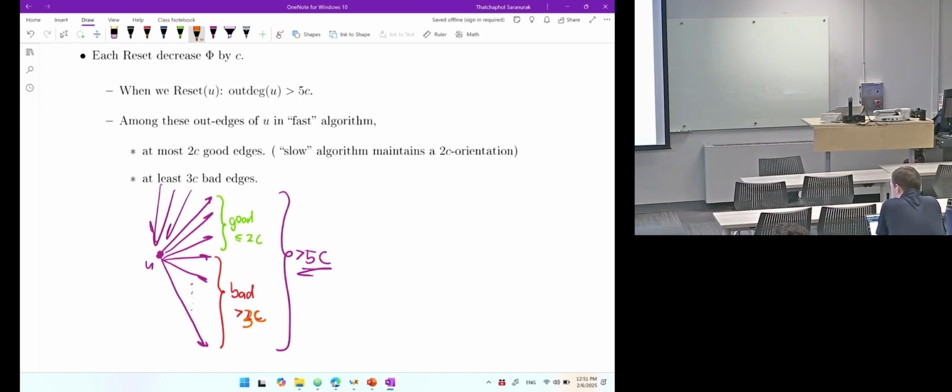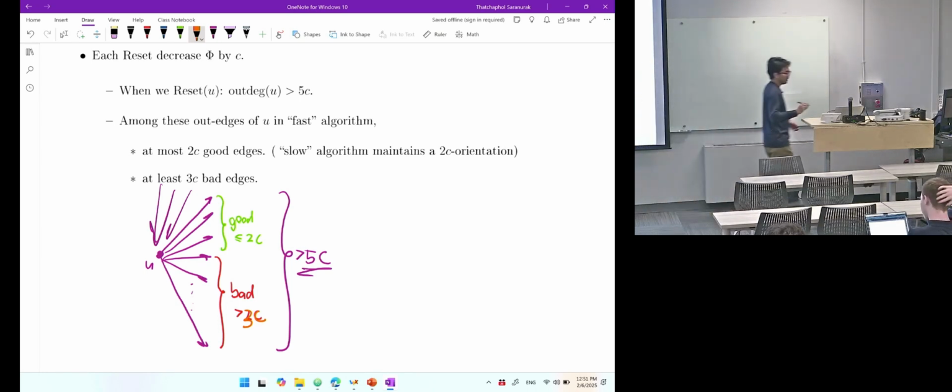They used to agree, now they disagree. But when we flip a bad one, it becomes good, so the potential will decrease for each such flip. So it's going to increase by 2C but decrease by 3C. So in total, when we flip all of these, the potential will decrease by C.